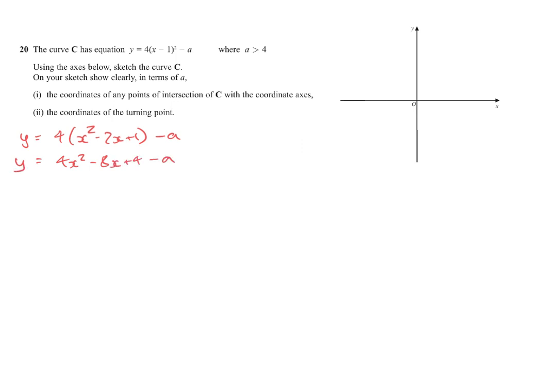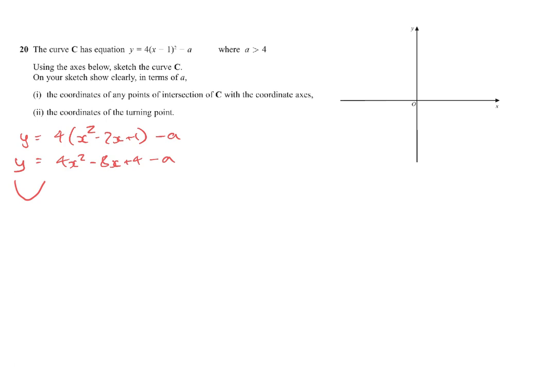The coefficient of x squared is the number 4. It is positive, therefore we have a happy quadratic. It's a smiley face, not a sad face. So that's a good starting point.